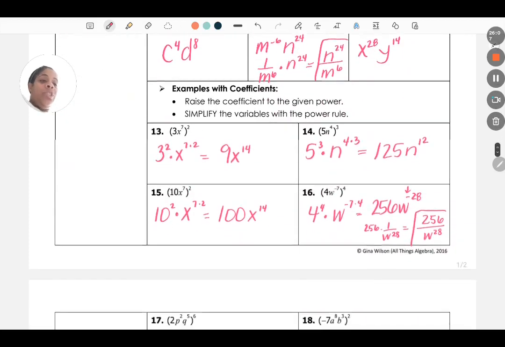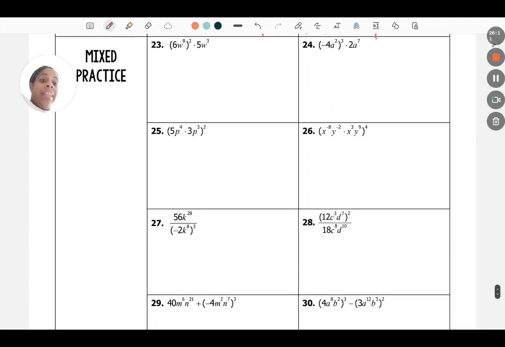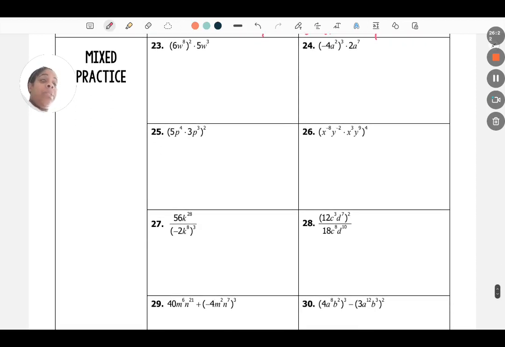So down here, it's trying to make you practice those mixed things, because I even see division here too. We know when the quotient rule applies when you are dividing. So there's multiple things going on in each of these problems, which means it's going to take us a little longer, but we're going to get through it one step at a time. Here we go. We have the power rule here, but then after we get our answer here, we multiply it by this. Easy.